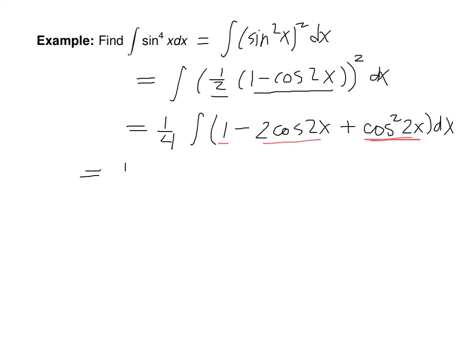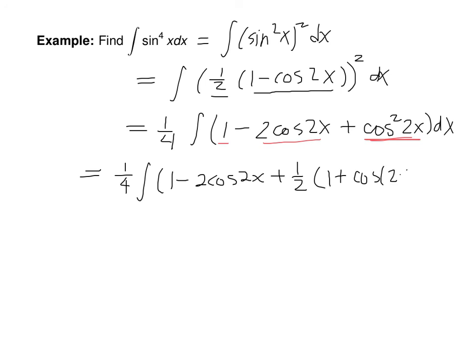So we have 1/4 the integral of 1 minus 2 cosine of 2x plus 1/2 times 1 plus cosine of 2 times 2x.